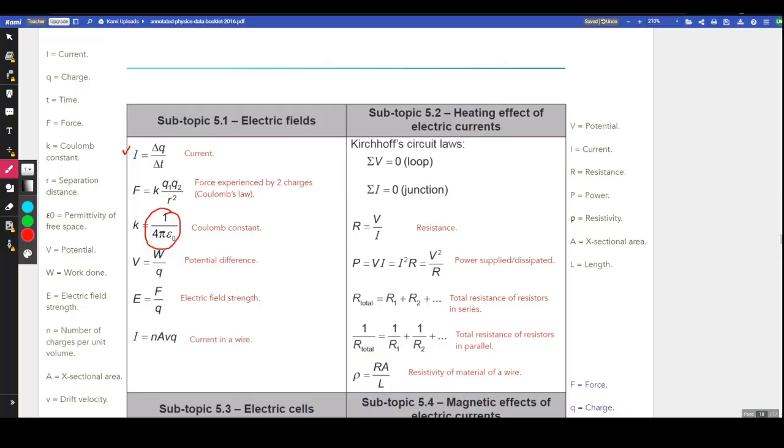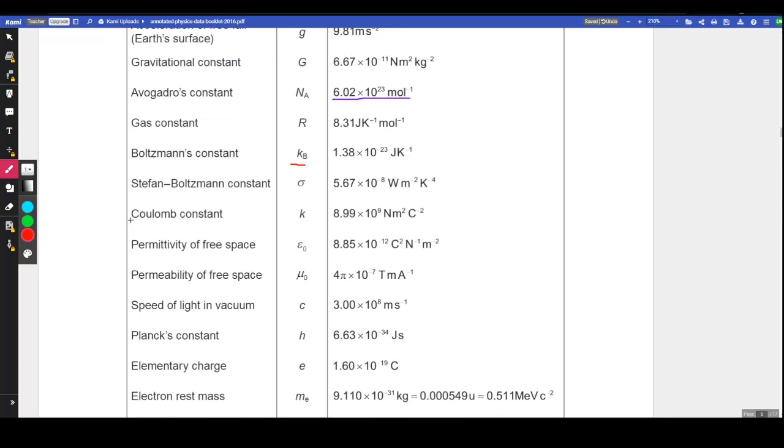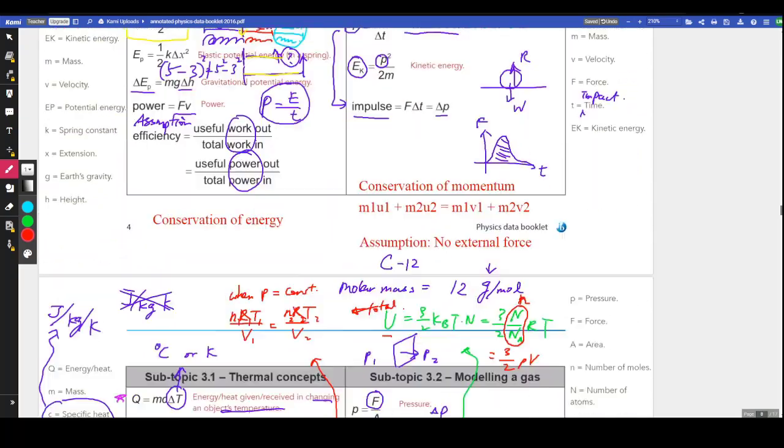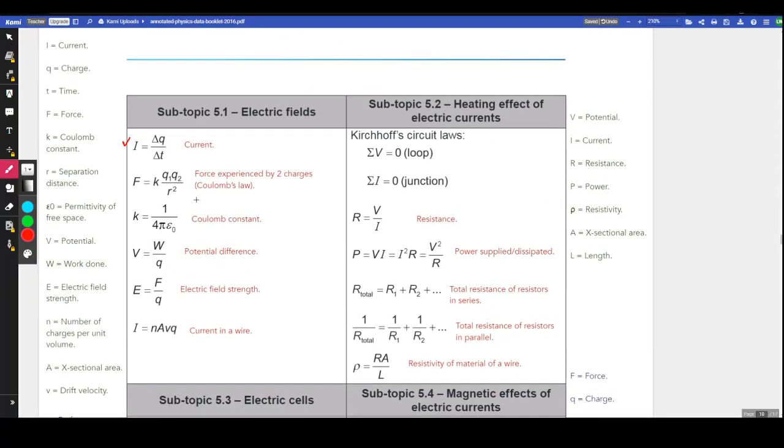All these you can find from the earlier page again. Usually just stick with K, I would say. And then Q1, Q2 is simply the charge in coulombs, and r is the distance between them.